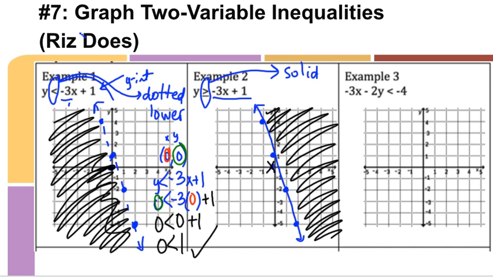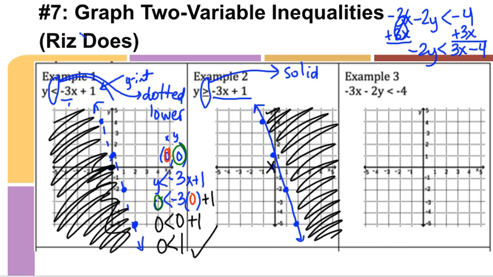Okay, let's look at example 3. Example 3 is one where you have to solve. It says negative 3x minus 2y less than negative 4. So I'm going to do the solving up here. I'm going to add 3x and add 3x. So that's negative 2y is less than 3x subtract 4.